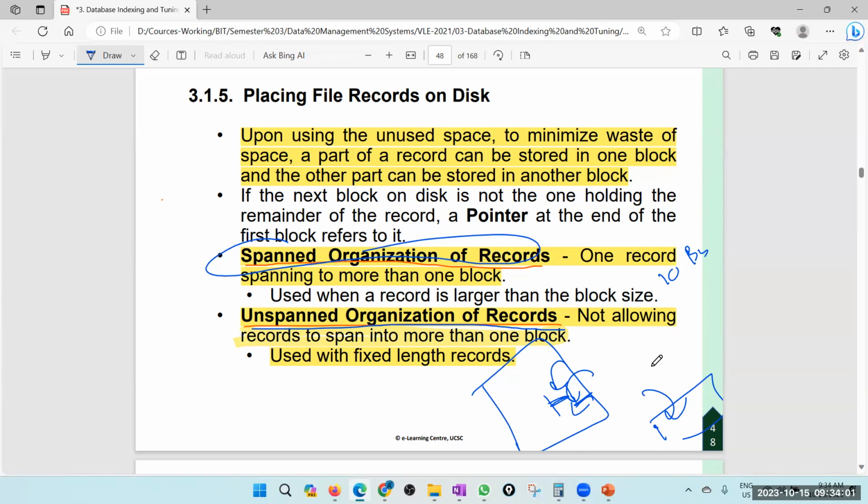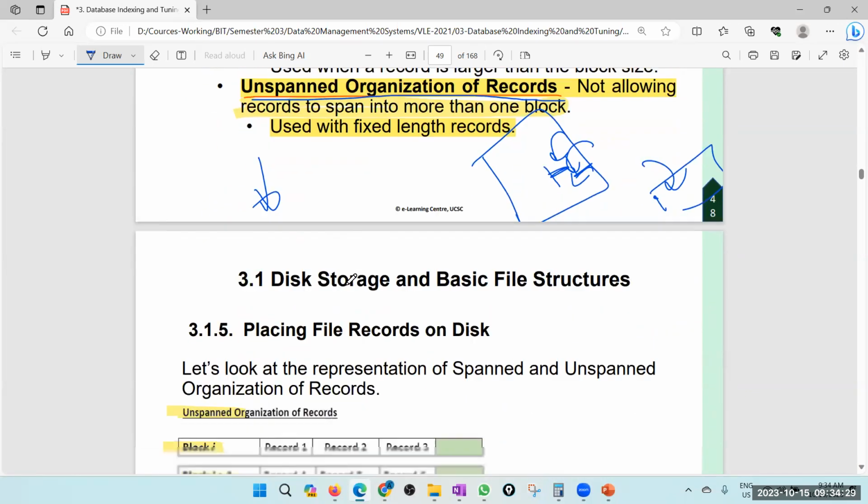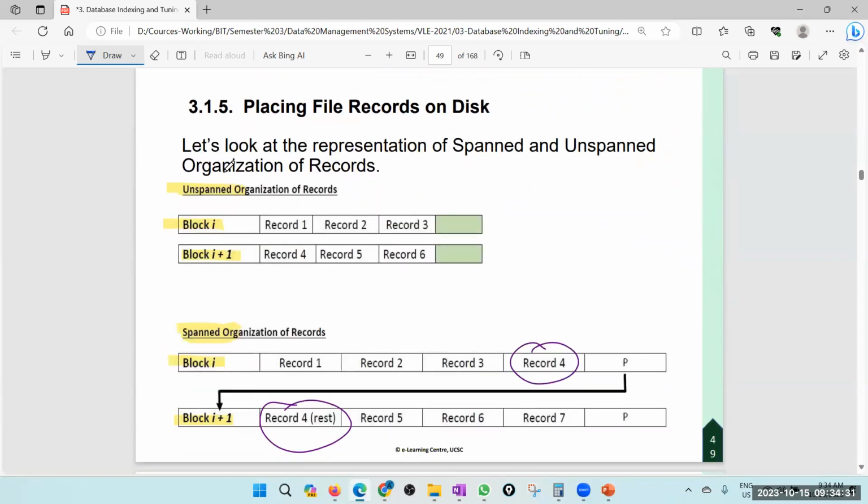But in your calculations, usually you can assume that we go for unspanned. We don't allow a record to go into multiple blocks. And unspanned organization is where we do the flooring, because we don't keep, say, 75.8 records, since that 0.8 we can't save, we just take it to the other block. So this is again explaining unspanned versus spanned.